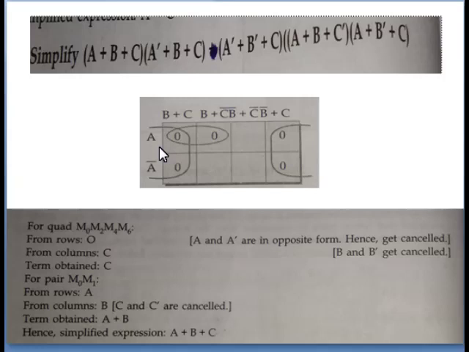In sum of product form, we name the rows as A bar, A. In product of sum we have to take just the opposite of sum of product. So here it is A bar, and in sum of product the names of the columns are B bar C bar, B bar C, B C, and B C bar.